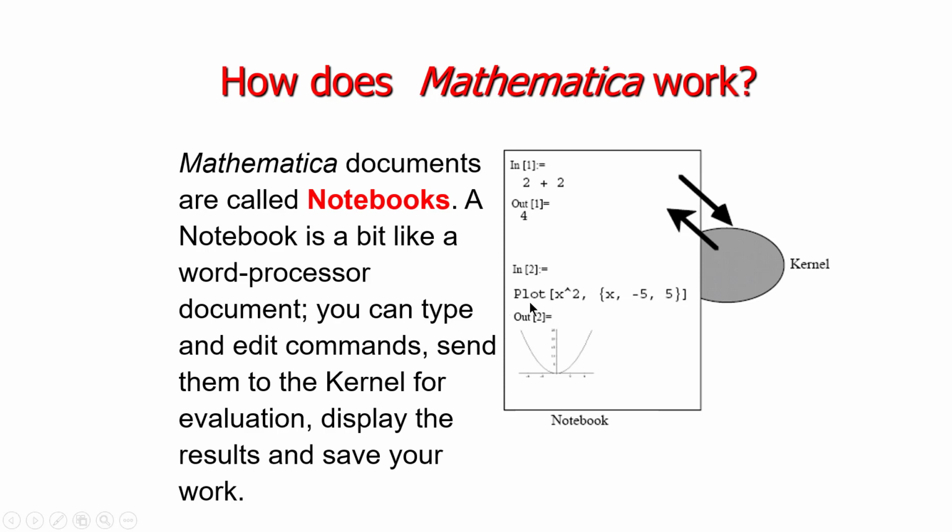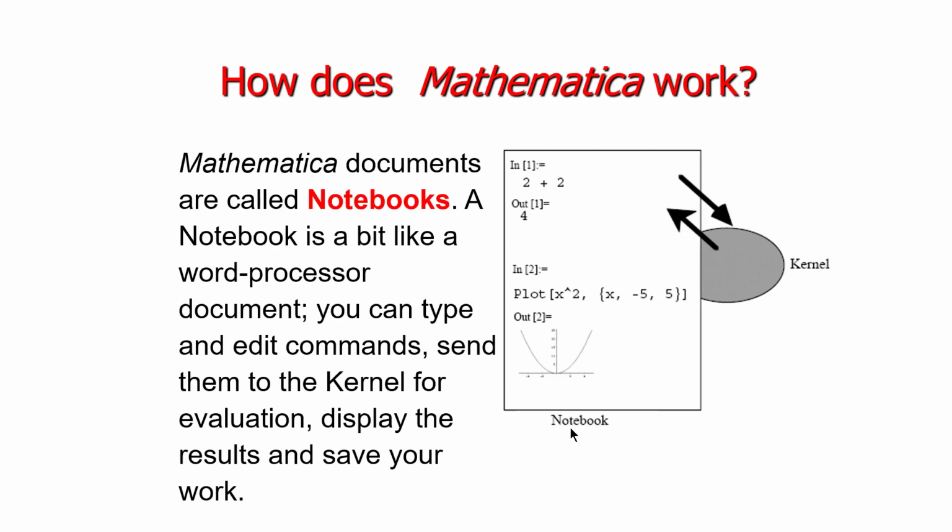You have to write the function, then place a comma, and then say from where to where. So you set the limit from -5 to +5. If you execute this line by hitting Shift+Enter, then the output will be in front of your screen, which is a nice looking graph of a parabola, right? So this is basically the snapshot of this notebook.